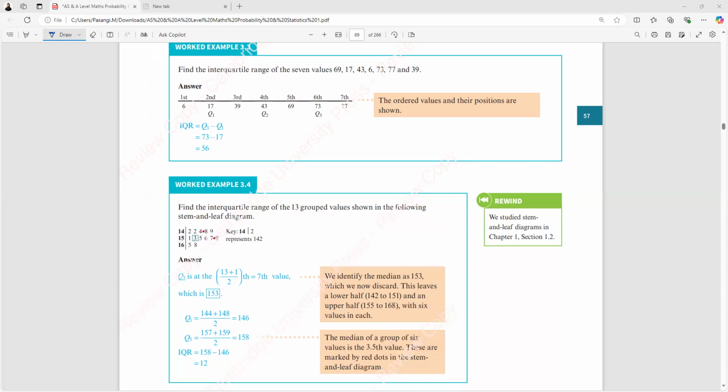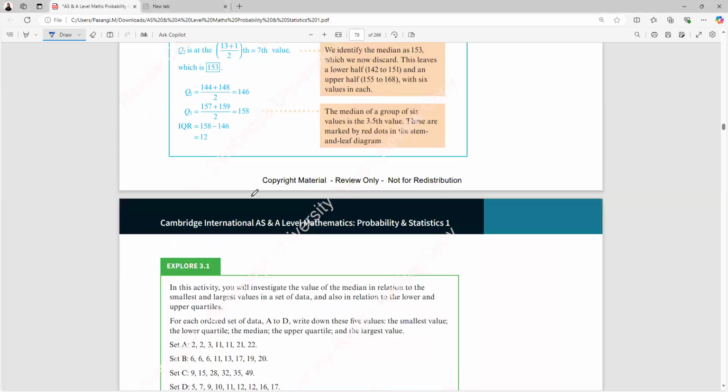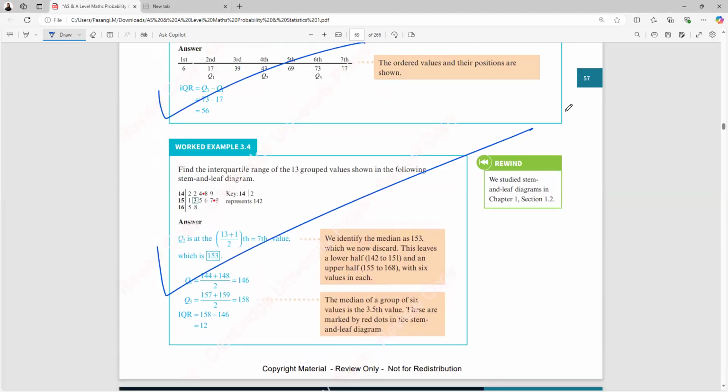Okay, teacher, those examples are also done. Then these two are also done.